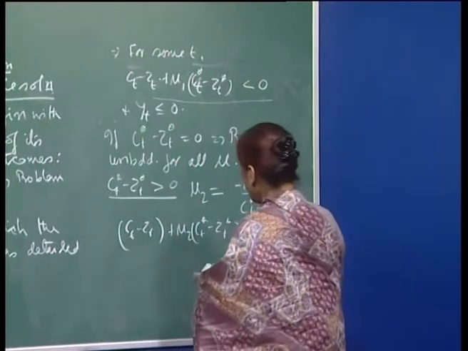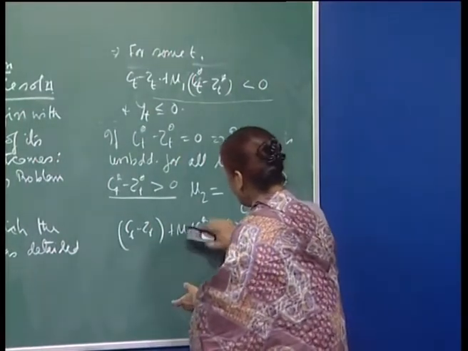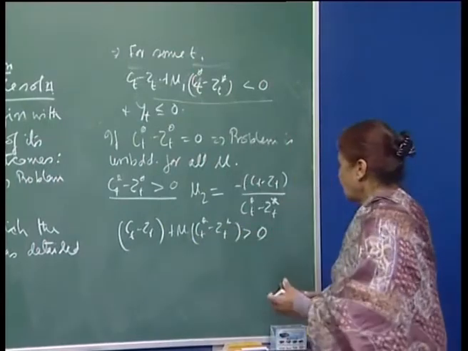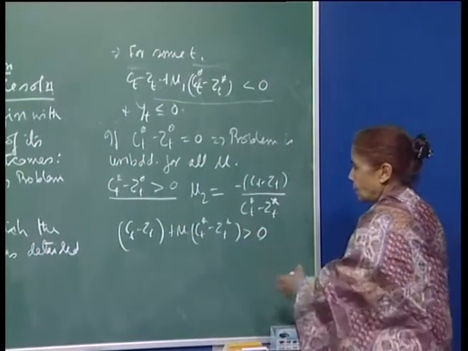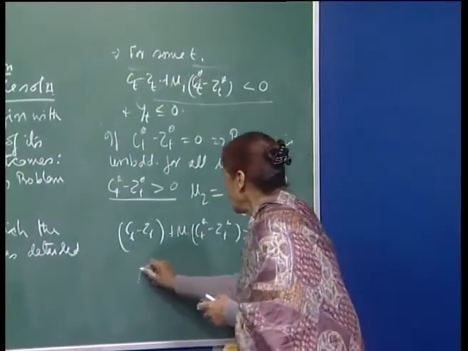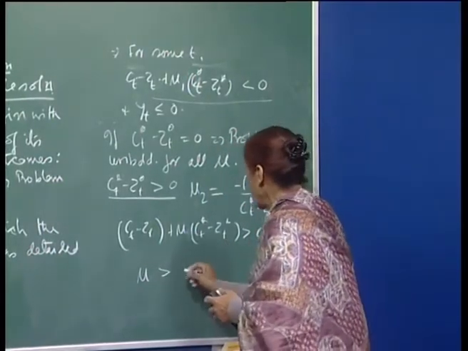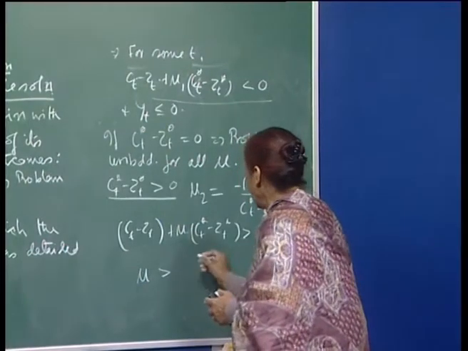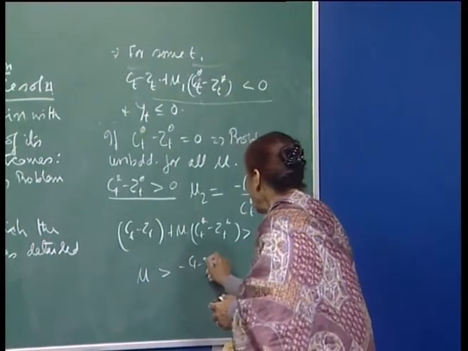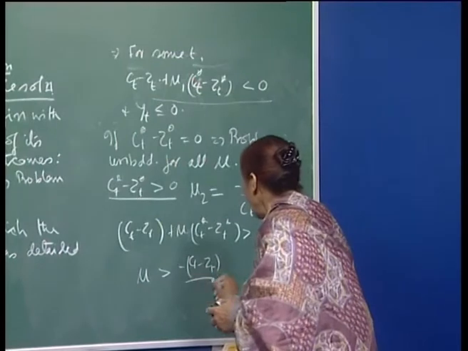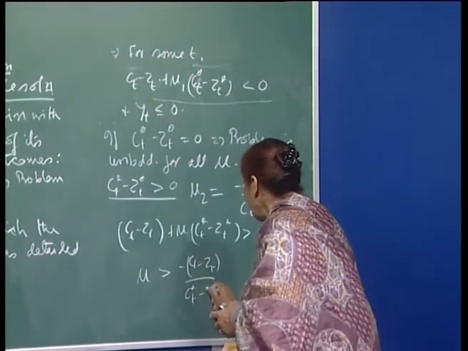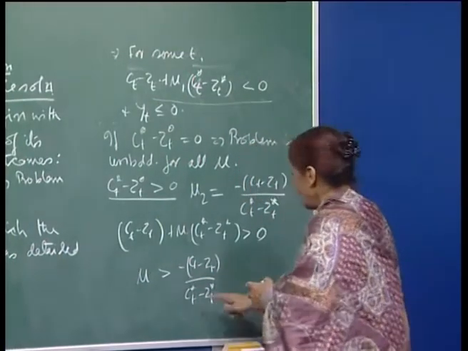So right now it is 0. That means I take a value of mu such that this is positive. Which implies that your mu should be greater than or equal to minus of (Ct minus Zt) upon (Ct star minus Zt star), because this is positive.